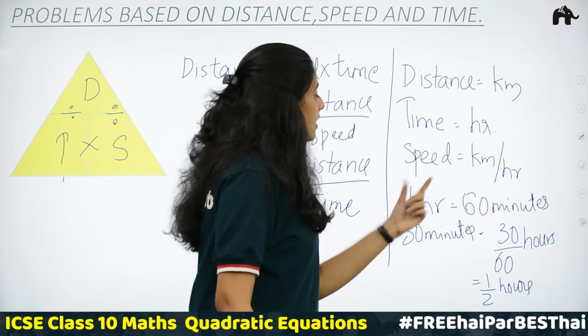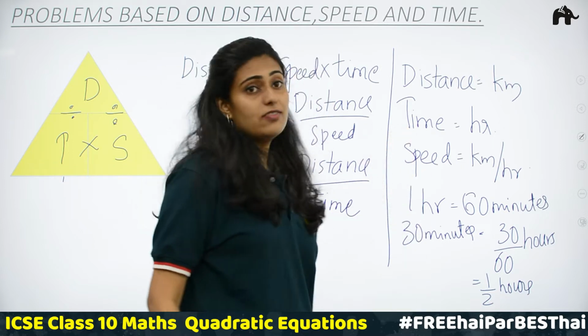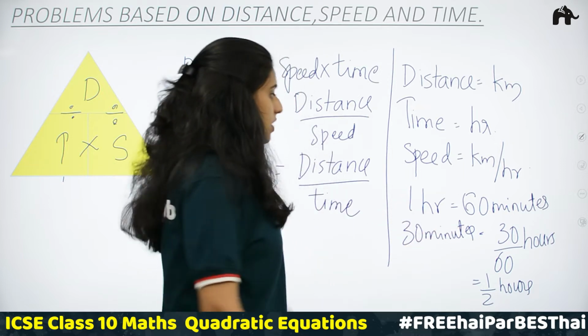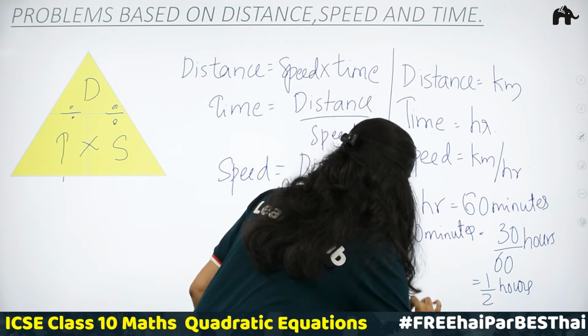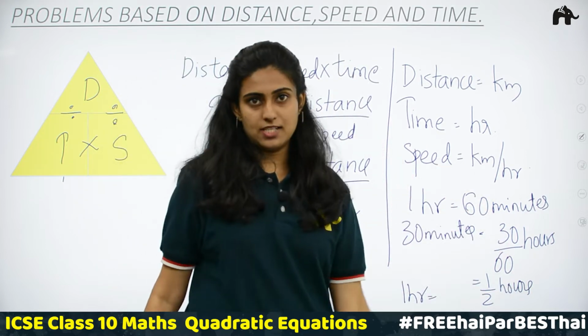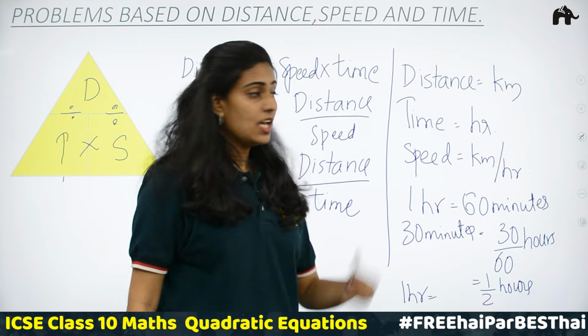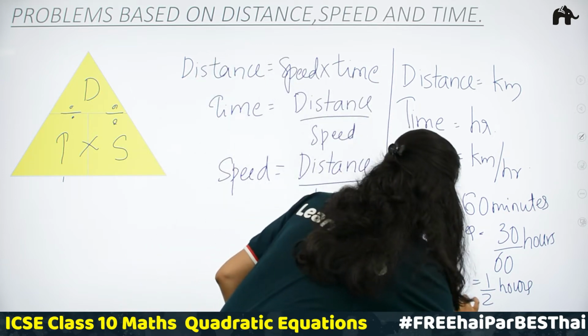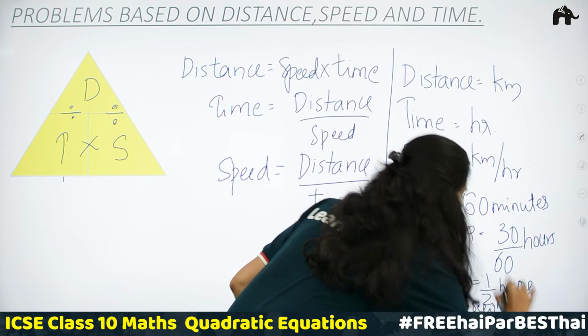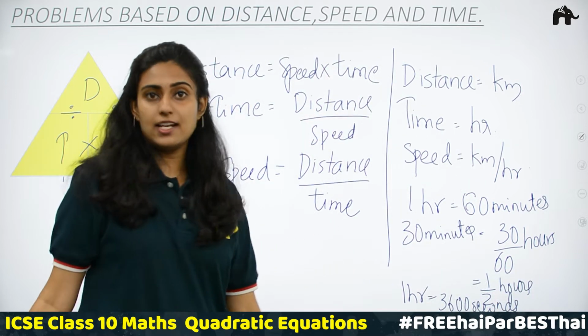Then if time is given in minutes or seconds, you need to know how to convert them. Like, what is 1 hour in seconds? 1 hour is 60 minutes and 1 minute is 60 seconds, which means 1 hour is equal to 3600 seconds. Just remember these things. While solving problems, we will understand.